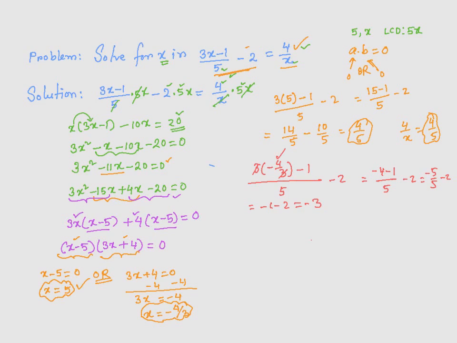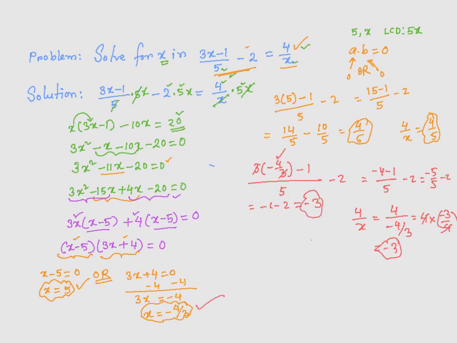So now what about the other side? 4/x, which is 4 divided by negative 4/3, which is, by the way, 4 times negative 3/4. These cancel out. That gives you negative 3. So this is the same as this.